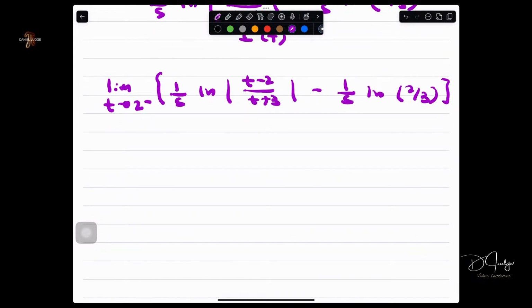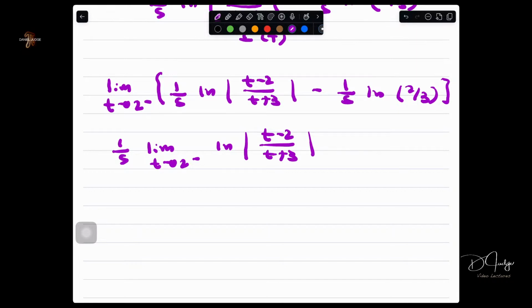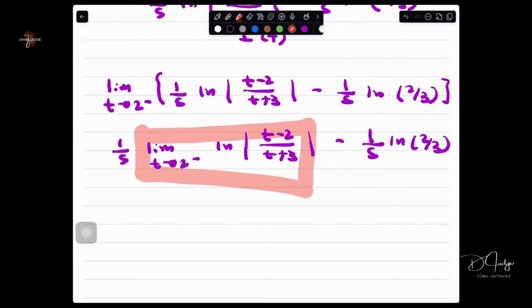So by properties of limits, here's what we end up with. Right? Limit of a difference is difference of limits. Limit of a constant, which we're going to see out here, this is just a constant. We're going to need to find this limit.